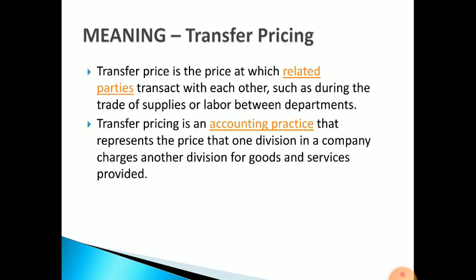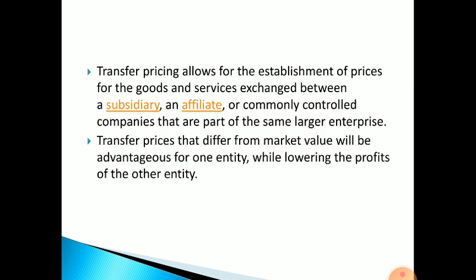Here, the department which supplies goods or service, that we can call the selling department or selling division, has to fix the price for such internal transfer. This price we can call transfer price. Okay, students, did you get the point? That is, transfer price is the price one department or division or segment fixes for a product or service supplied to another department or division or segment of the same organization.